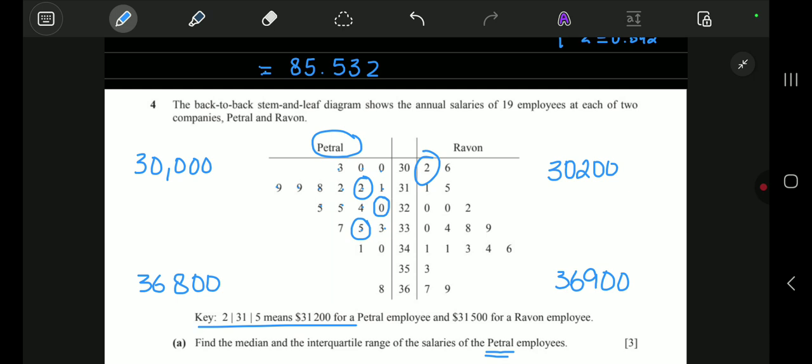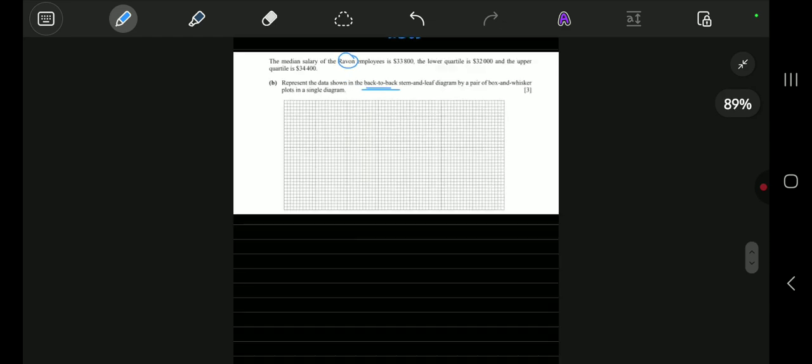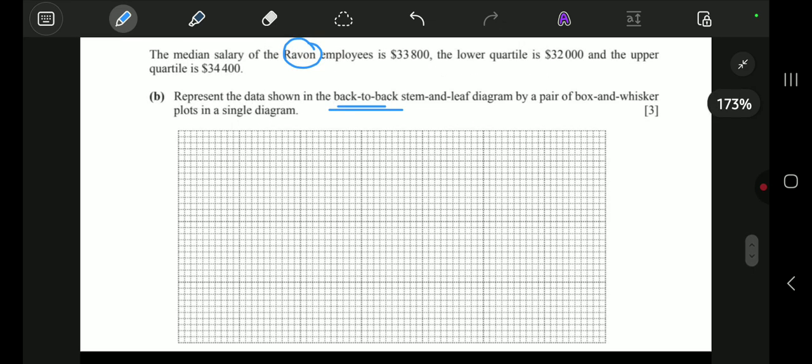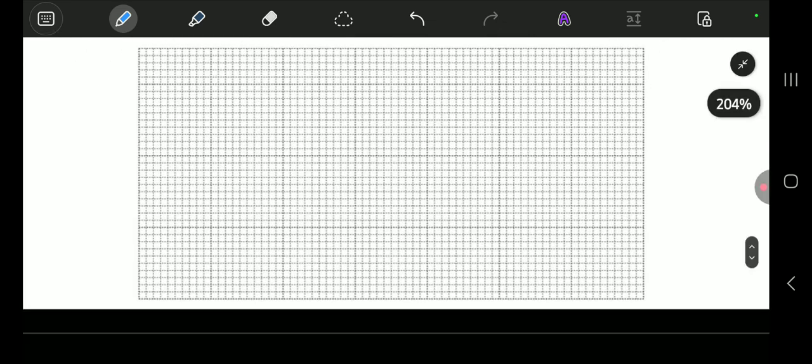If we start from here mentioning the x values, let's say this is 30, 31,000, 32, 33, 34, 35, 36 and 37. So it's more than enough. Okay, the graph is up to the requirement.